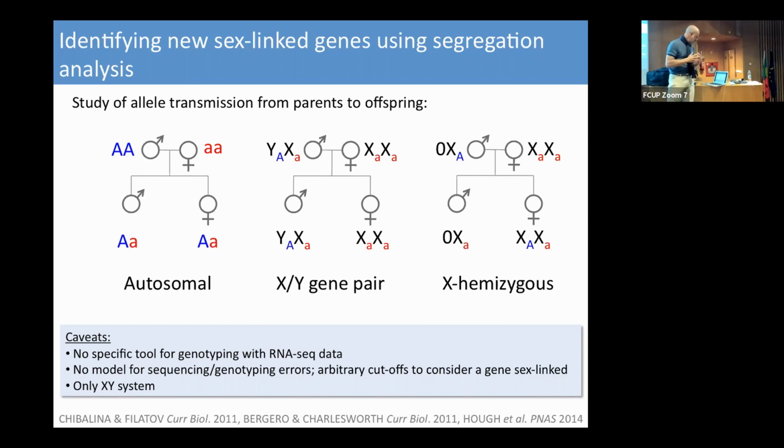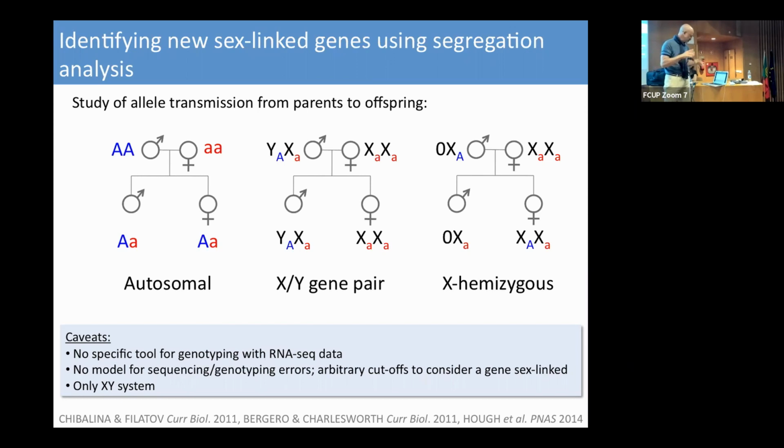The first to use this approach were Dmitry Filatov and Deborah Charlesworth in a 2011 paper, and they used an empirical method to perform this analysis. They obtained RNA-seq data for the parents and a couple of plants from the progeny, and they used this RNA-seq data to genotype the individuals.